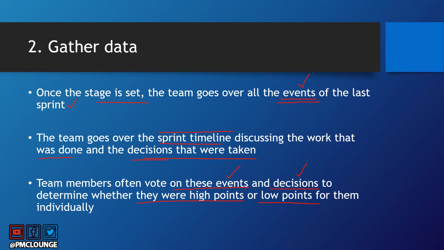This is where the idea of setting the stage, of breaking the ice, is very important, because every individual in the team should feel comfortable sharing their ideas, and comfortable calling out an event or a decision as a low point. That is why setting the stage is important. And the second step, of course, is where you are just gathering the data.